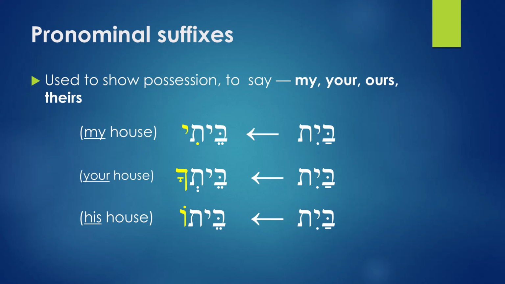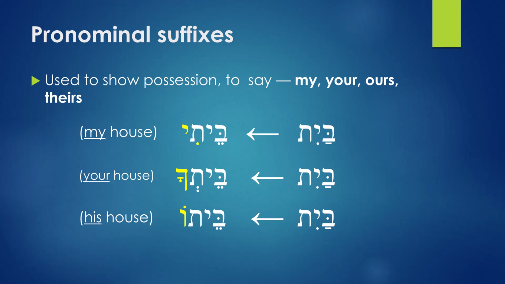Now know this, in Hebrew we can add some characters to the end of the word, and these characters or letters at the end of the word are called suffixes. So these highlighted characters are called suffixes. And they're important because they tell us who something or someone belongs to. So pronominal suffixes in Hebrew are used to show possession.